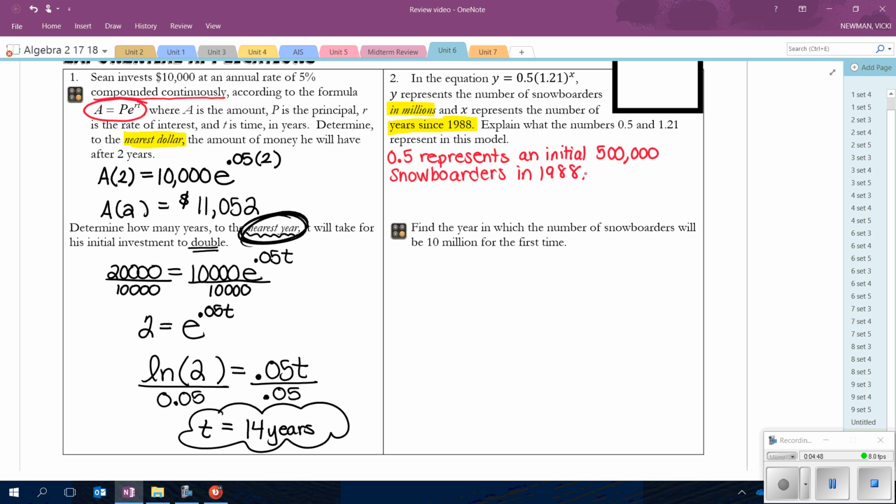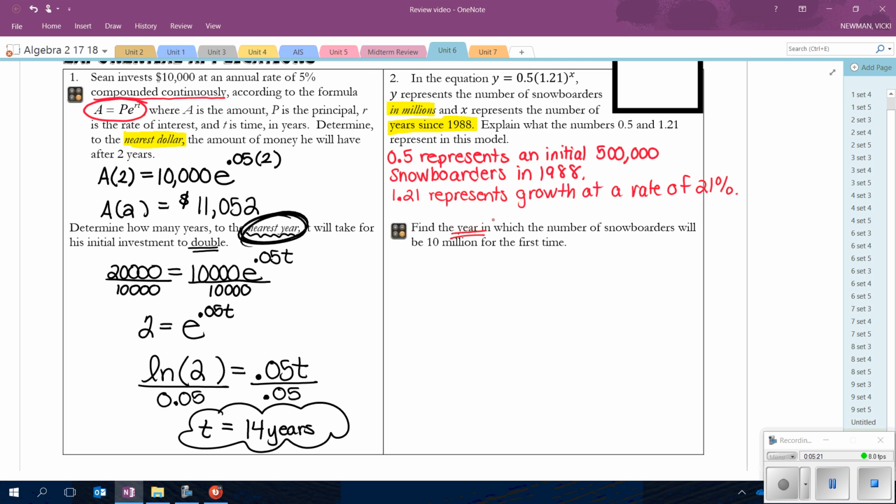So we know that it's growth at a rate of 21%. So 1.21 represents growth at a rate of 21%. Okay, beautiful.